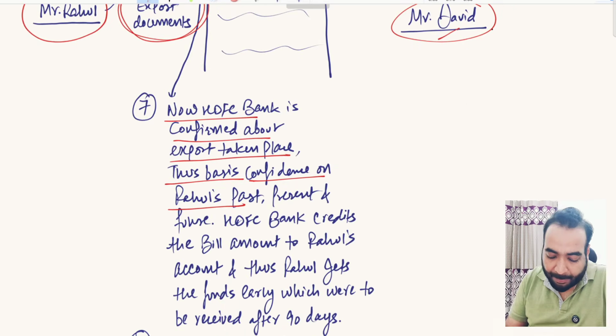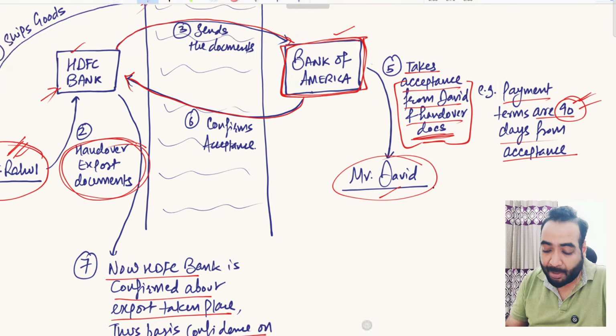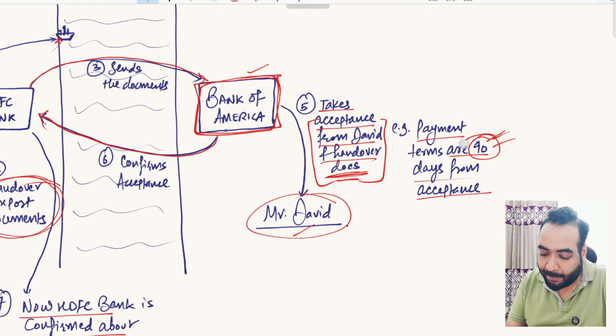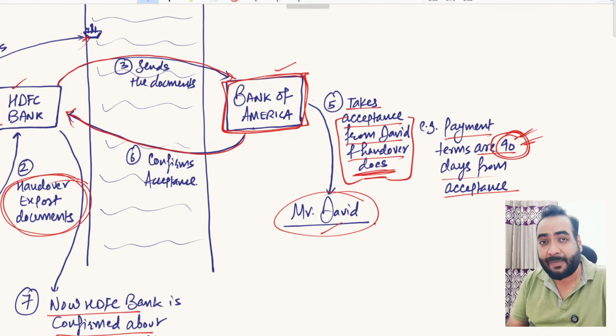So, basis confidence on Rahul's past, present, and future, HDFC Bank credits the bill amount to Rahul's account. Now, the due date of the bill is 90 days from the date of acceptance. The actual payment will come after 90 days.